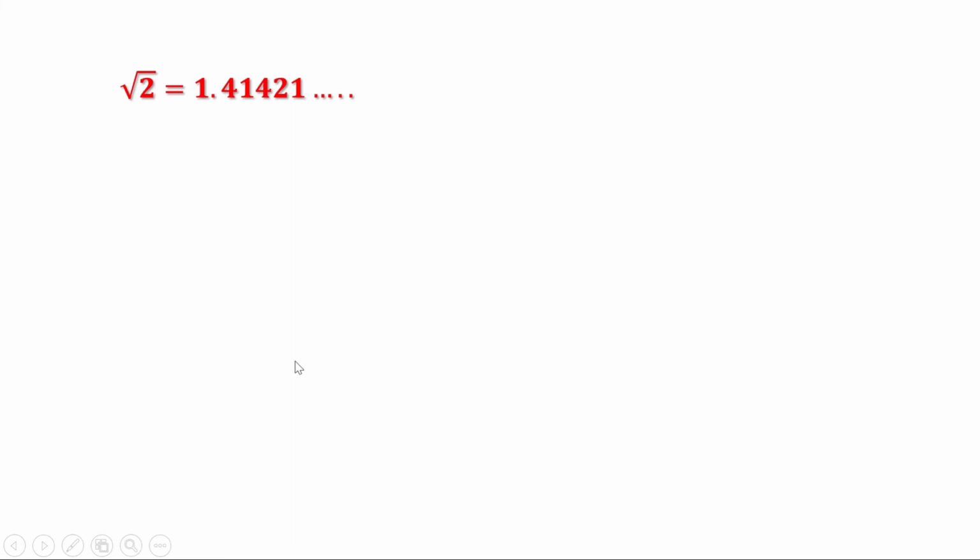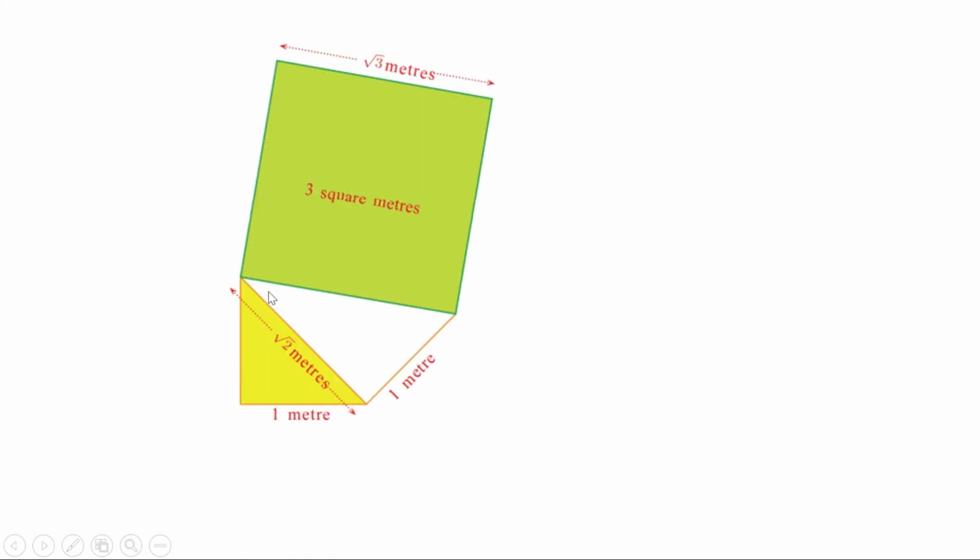We can say root 2 is approximately equal to 1.4 if we take up to one decimal place. This symbol denotes approximately equal to. Or we can say root 2 is approximately equal to 1.41 for up to 2 decimal places. Like this, the length of the side of a square of area 3 is root 3.